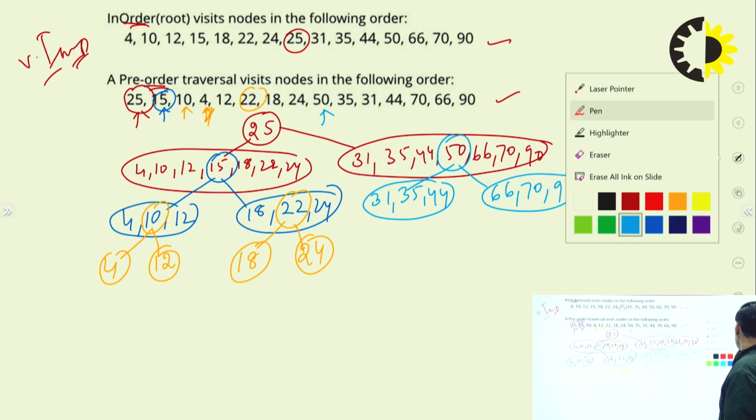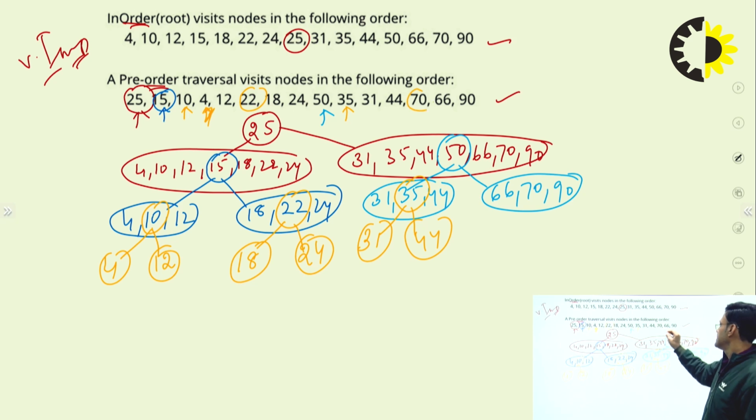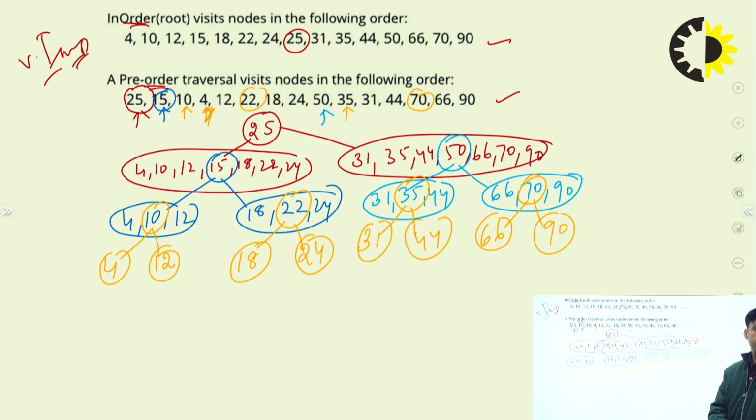Then from 31, 35, 44, this 35 is the root, with 31 and 44 as children. And from 66, 70, 90, 70 is the root of these two children, 66 and 90. So this is the binary tree; this is how we can proceed.